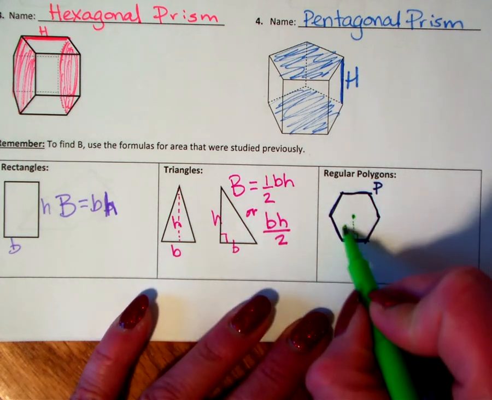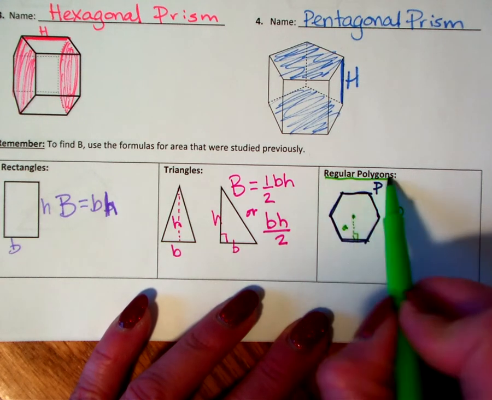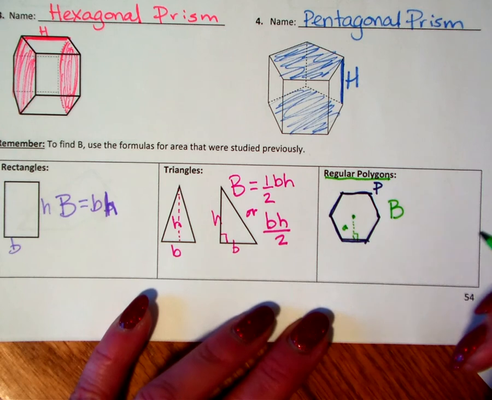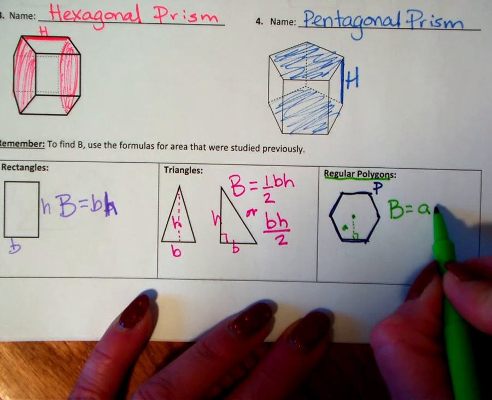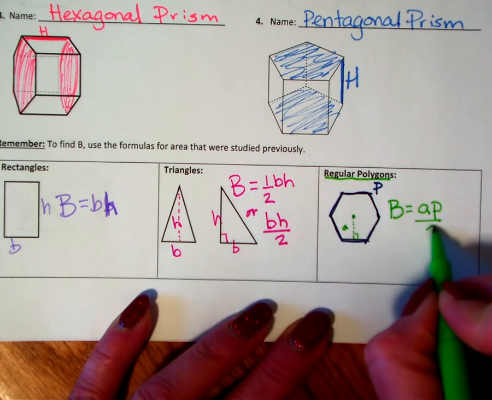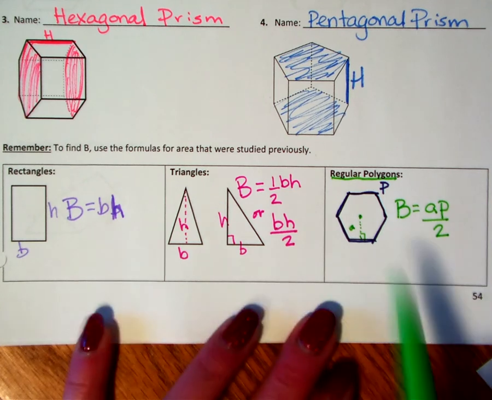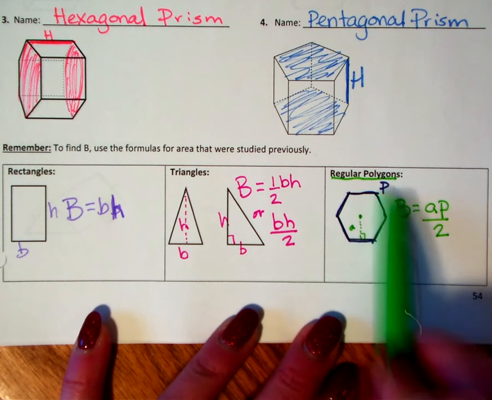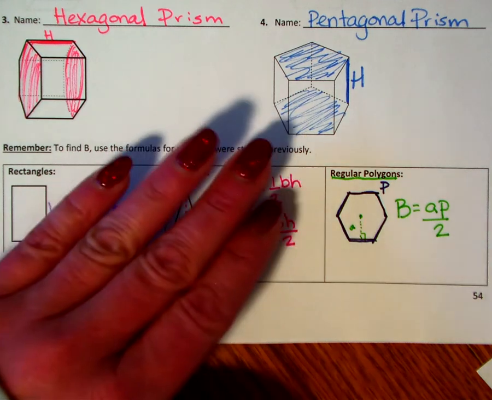So that's our A. So the area of the base of a regular polygon, whether it's a regular octagon, hexagon, pentagon, it doesn't matter, is our apothem times the perimeter divided by 2. So if you don't know one of those, you'll have to find it. If you don't know the apothem, you have to find it. If you don't know the length of one side, you have to find that to multiply it by how many sides there are. Okay, so a few reminders on a few different area problems.